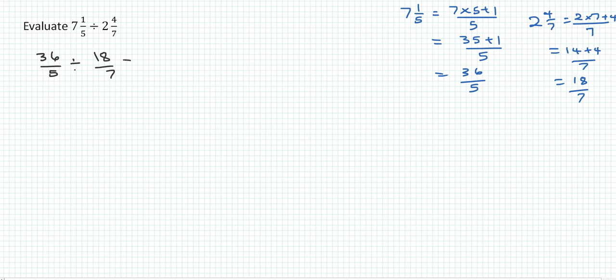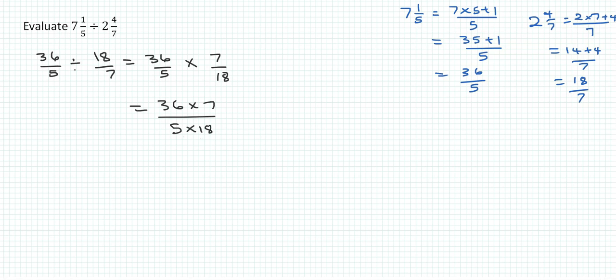And so what we're saying here is the one to the right of the division sign, we're going to flip. So it's going to be 7 over 18, and then we change the sign to multiplication. So this is going to give us 36 times 7 over 5 times 18.